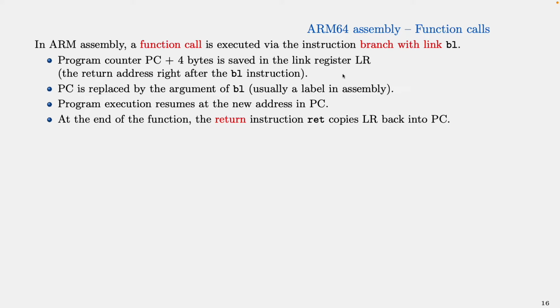So once the function we call is done and we return, we can read out the value in the link register and return to the address right after the function call and resume program execution there.